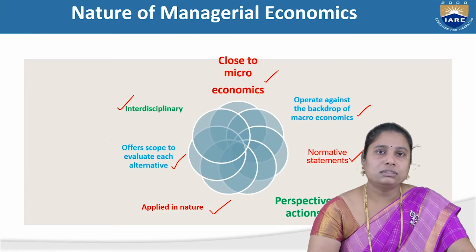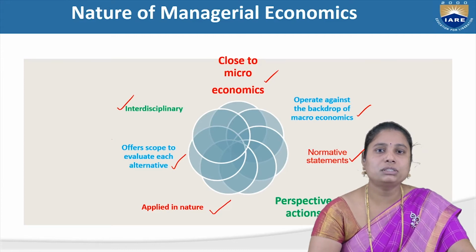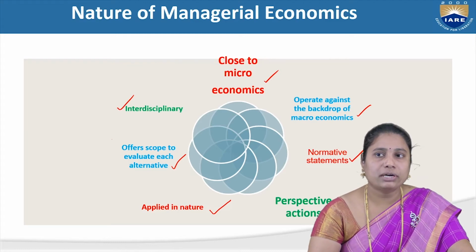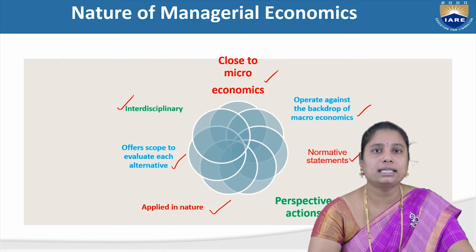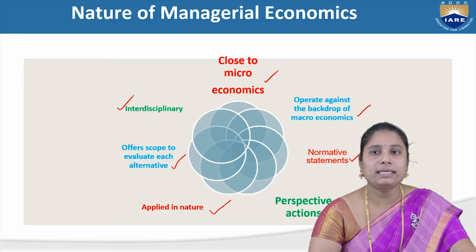In summary, we can say the nature of managerial economics is more control over the microeconomic factors by considering the backdrop of the macroeconomic factors, and it depends on the situation but is not static. That's why it is a normative statement. It thinks in a positive way of profitable positions only, and it should not be imaginary, it should be applied in nature.